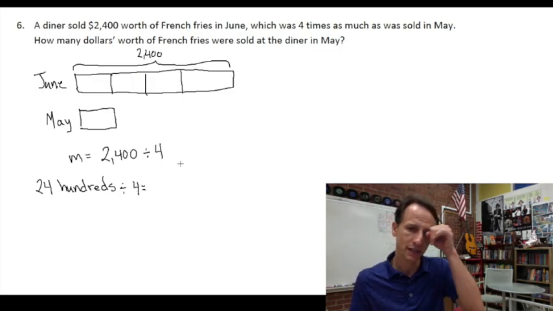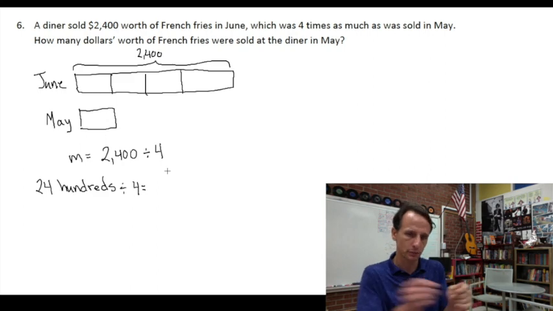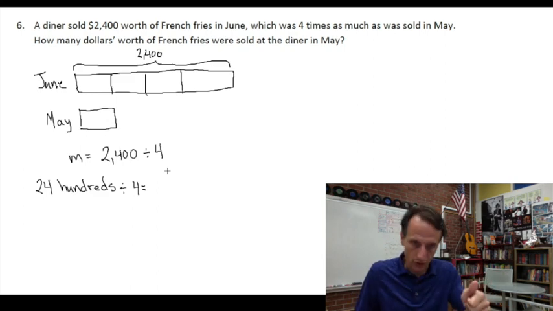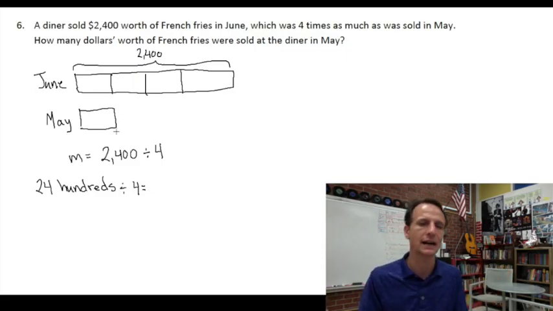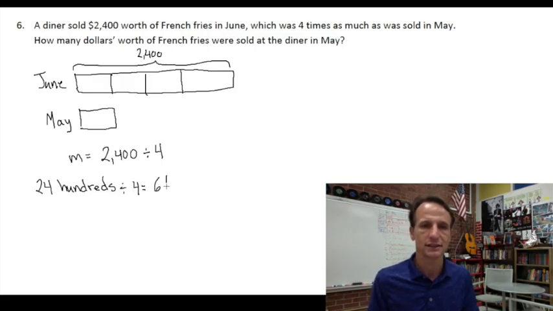24 hundreds divided by 4. Well, think about it. If I'm handing out 24 hundreds to 4 people, 4, 8, 12, 16, 20, 24. They each got 6 what? 6 hundreds. So doing it out in unit form really helps you see what we're doing here.